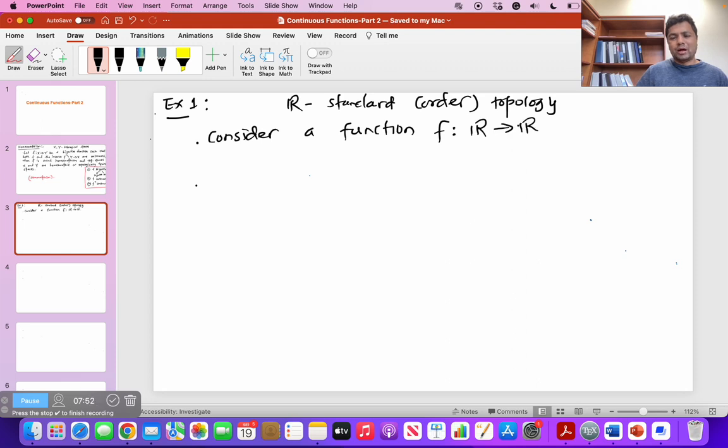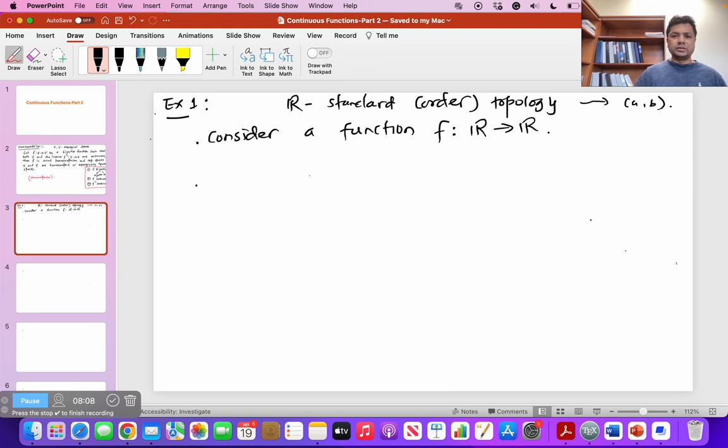In both the domain and codomain, R is with the standard or order topology. In the order topology, the basis elements are open intervals.